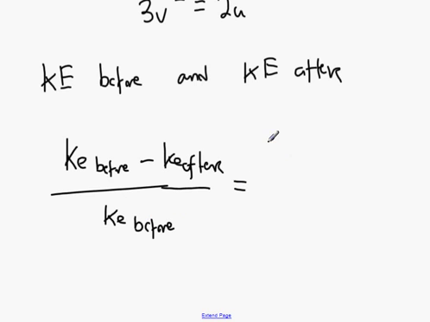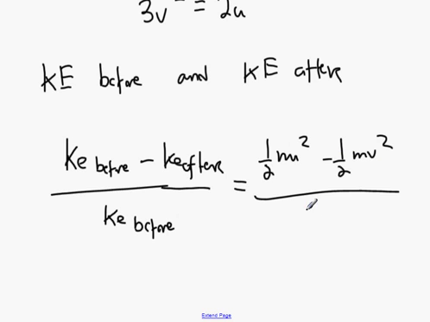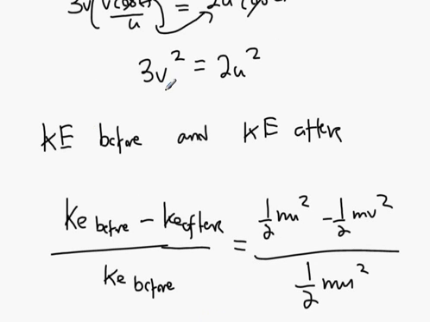So it's going to be a half mu squared minus a half mv squared all over a half mu squared. Now, what's the only thing stopping us from dividing that out right now? The fact that the u's and the v's are incompatible until we got this here.